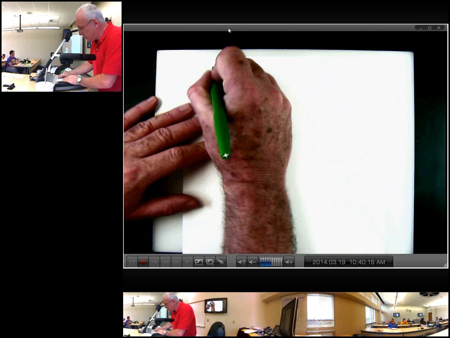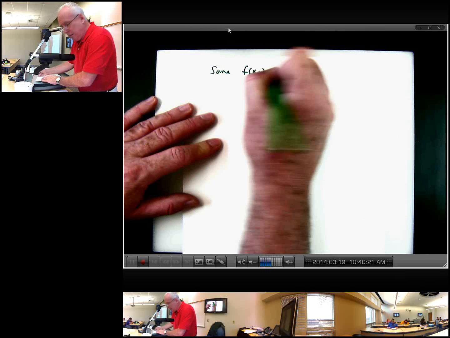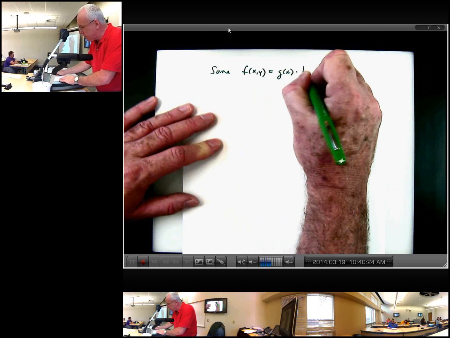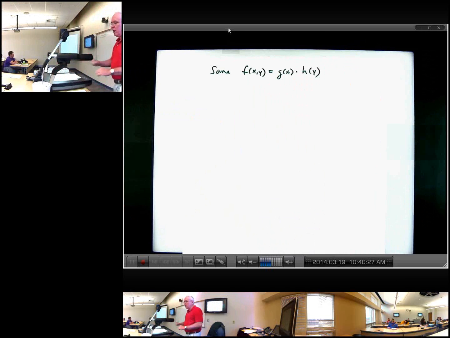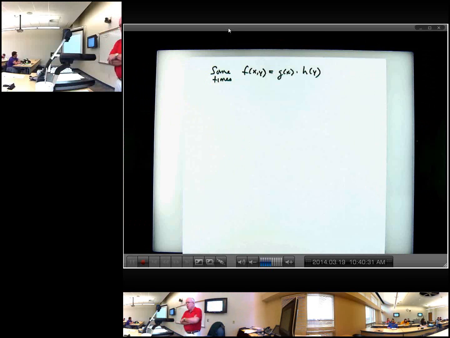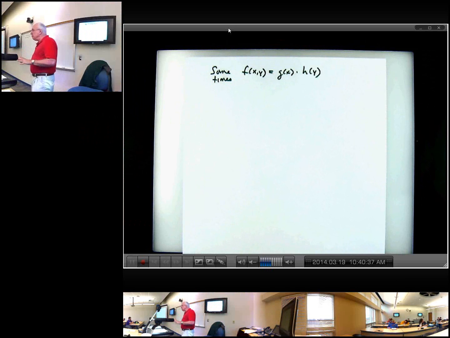So sometimes f of x,y can be written as some function of x times some function of y. When this happens, this double integral separates completely.